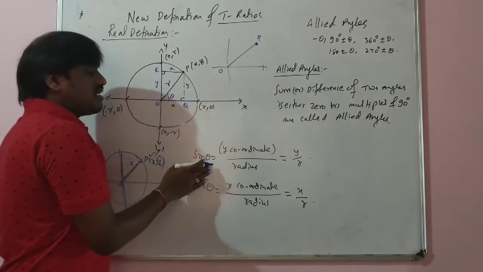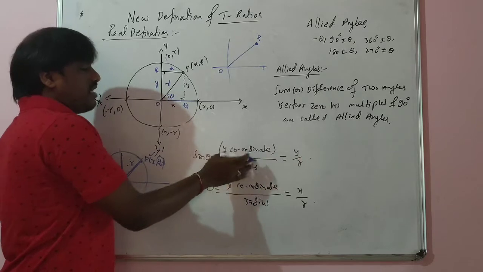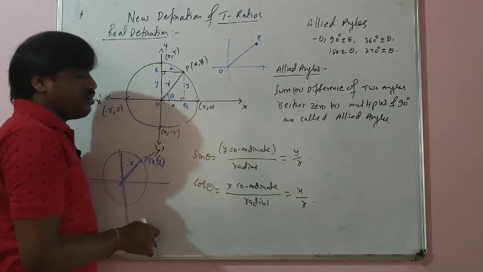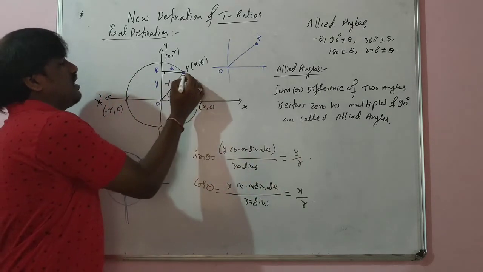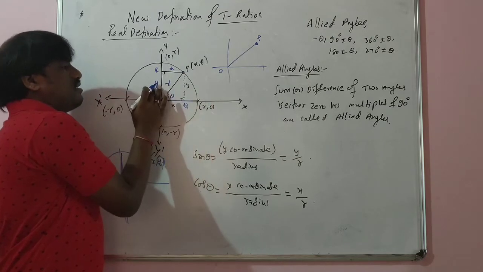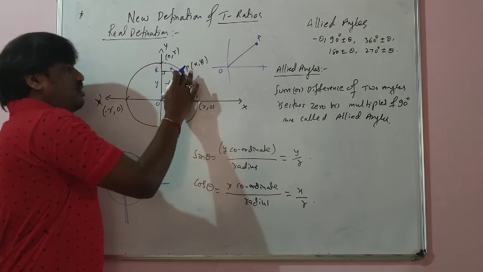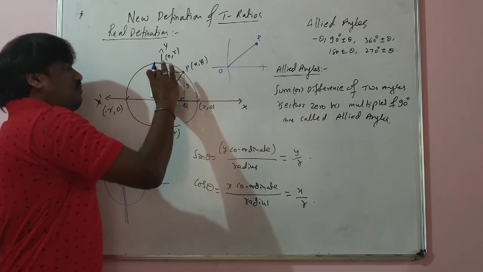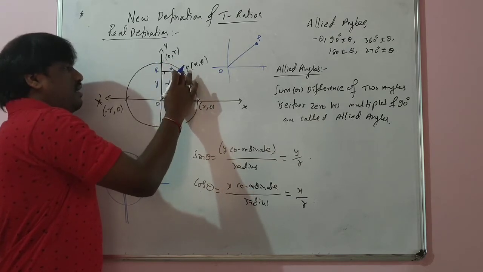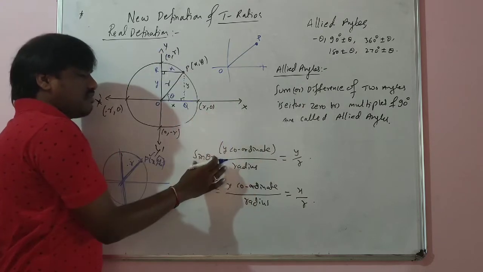So here sine theta is equal to the y coordinate by radius, cos theta is equal to the x coordinate by radius. The ratio of the y coordinate divided by the radius gives sine theta.